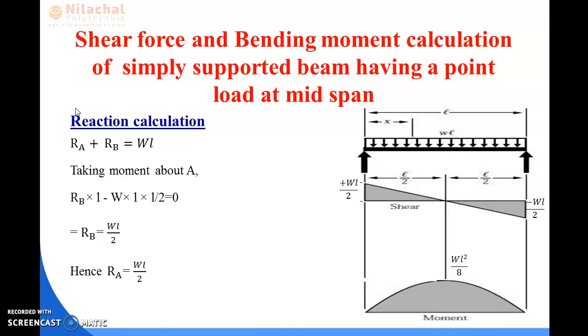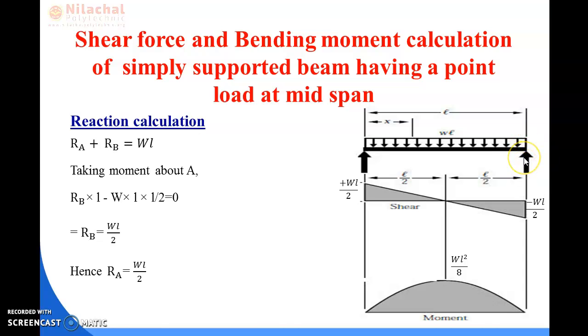So for the reaction calculation, we have to equilibrium the beam as per the upward and downward forces. So I told you in the last class, here the end supports is acting in terms of reactions. That means this is the point A and this is the point B. So at point A, the reaction will be RA and at point B, the reaction will be RB.